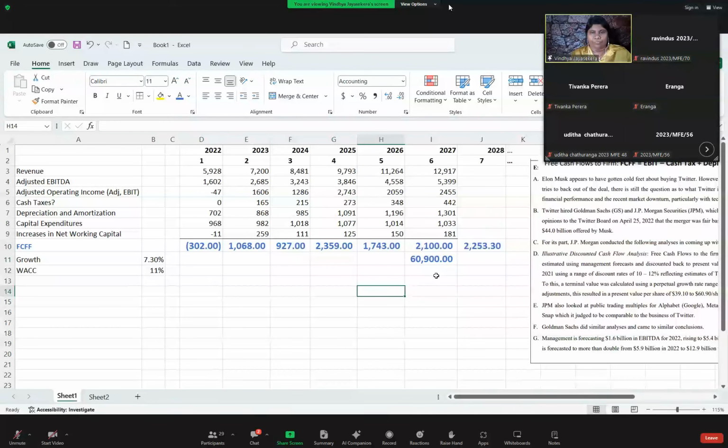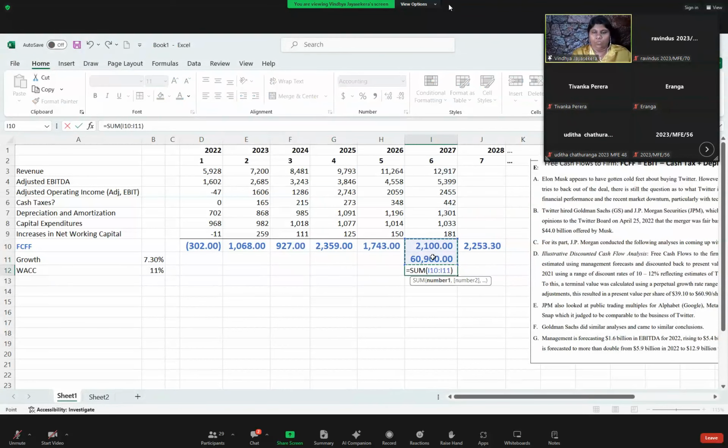Okay. Then what's the next step? I look at, okay, what are my total cash flows?